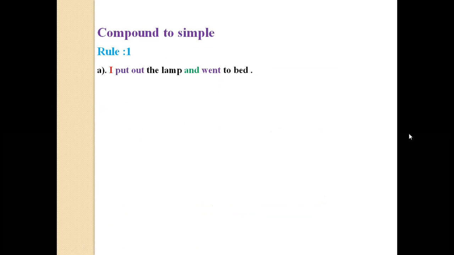If there is an and in a compound sentence and you're asked to turn it into simple, you will omit the subject and and, and use ing with the verb. So the answer will be: putting out the lamp, I went to bed. You must use a comma instead of and.